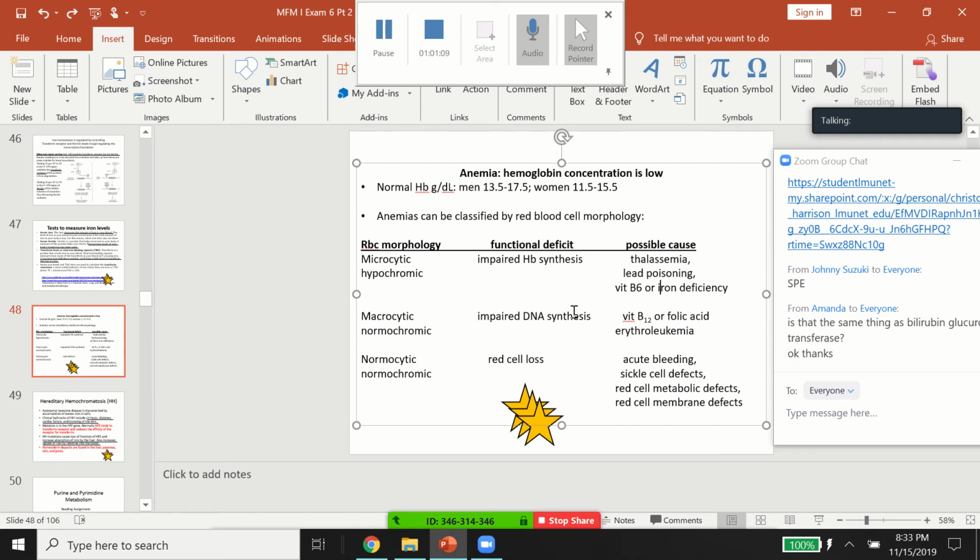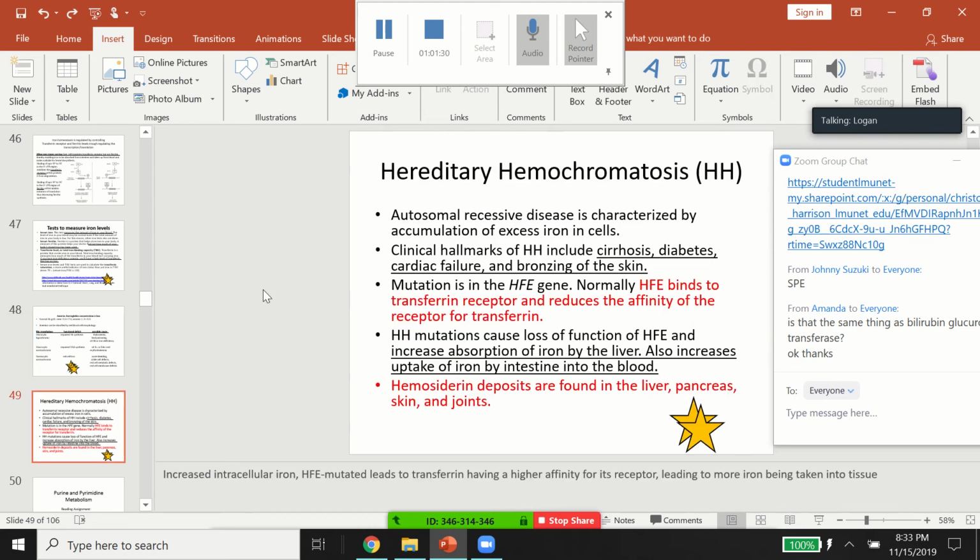We've mentioned a lot about it before, and we'll mention a little bit more about folic acid later on. But I would definitely know this chart. Normocytic normochromic, we're probably not going to talk much at all about on the exam, but definitely microcytic hyperchromic and macrocytic normochromic. Very high yield.